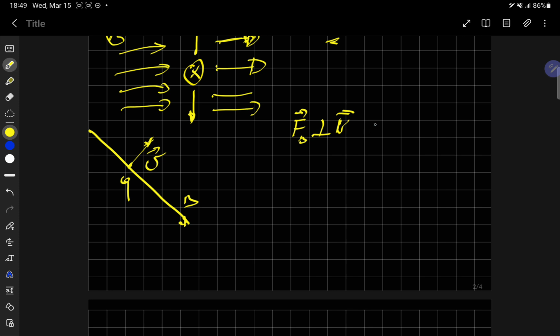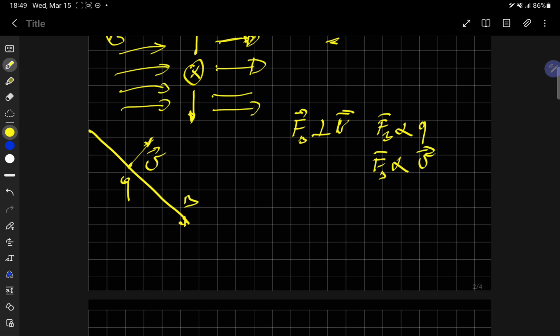They also observed that the force is proportional to the amount of charge and proportional to the speed of that charge.